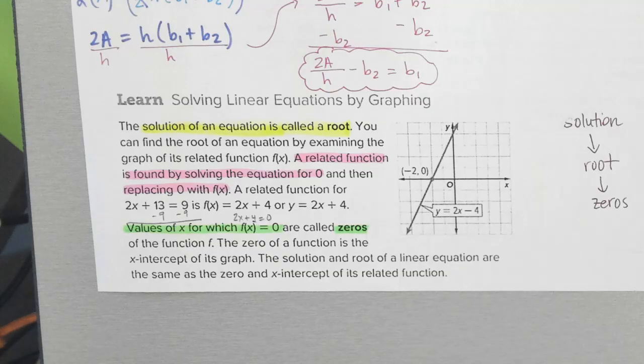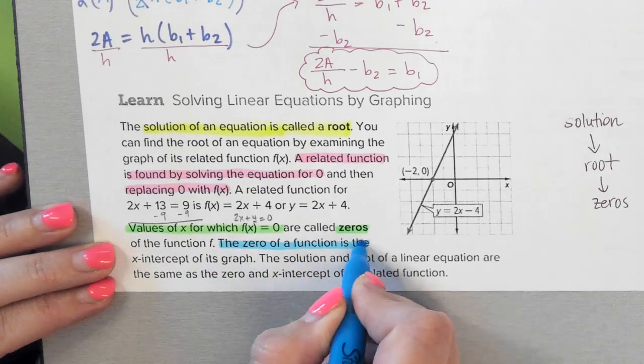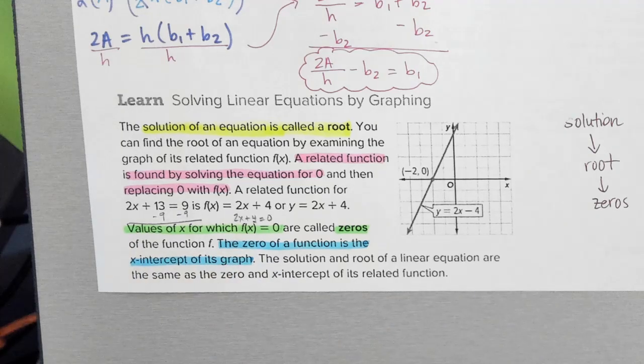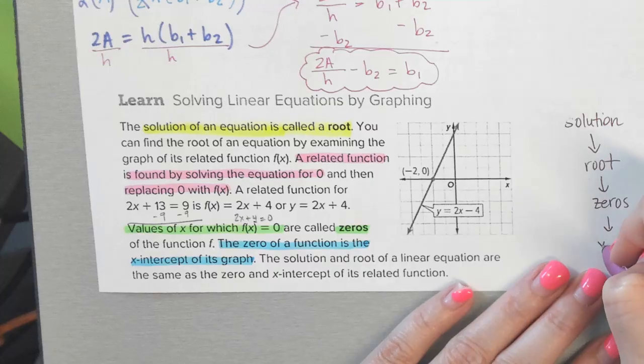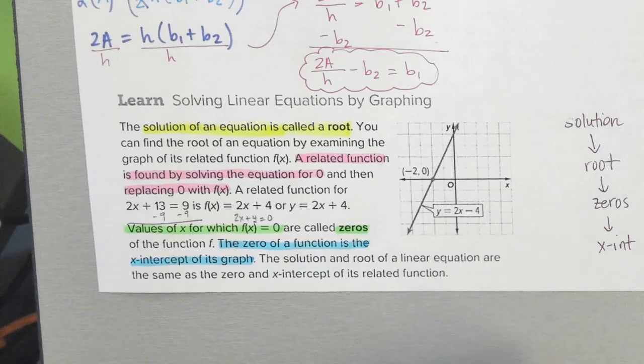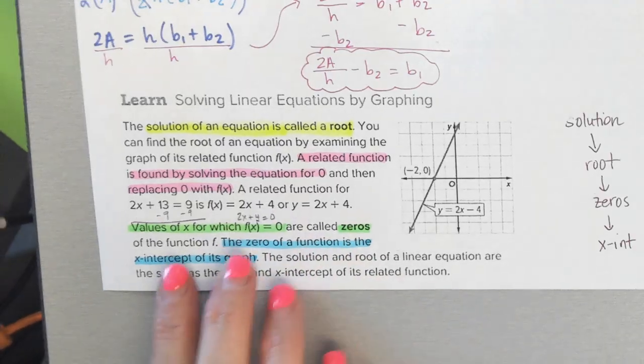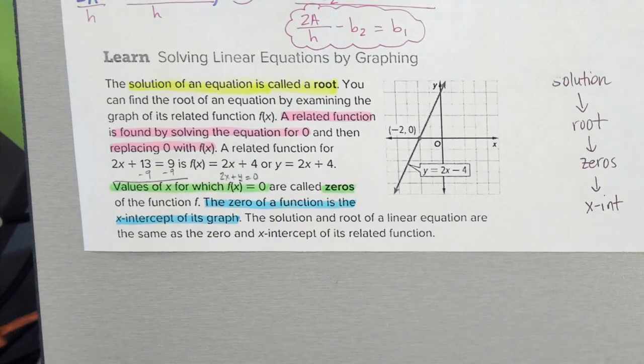Okay, and then a 0 is also an x-intercept. So there's one more name. So the 0 of a function is the x-intercept. Yep, so you can be asked several different ways to find the solution. Whether they're asking for a solution, a root, a 0, or an x-intercept, you can use that to solve, to find your equation.